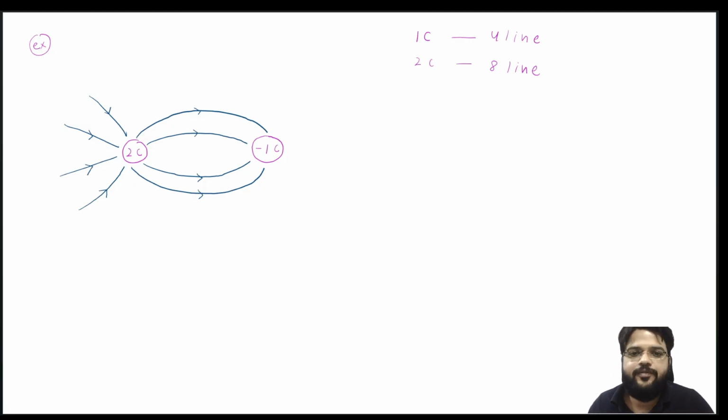So this type of diagram we will get, and the arrow will go outside because this is a positive charge.